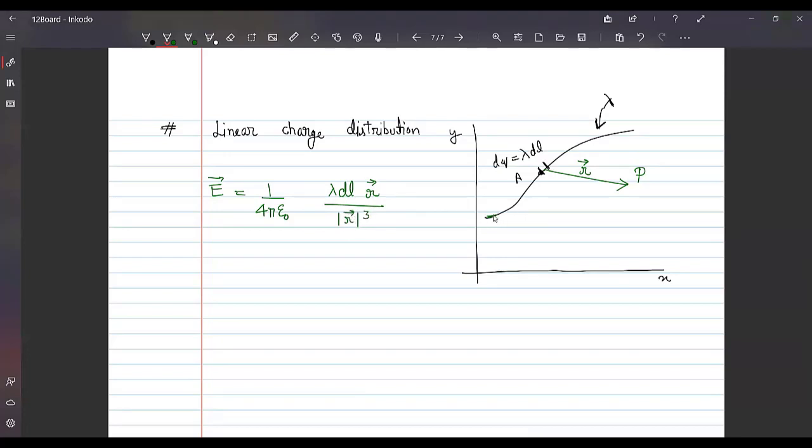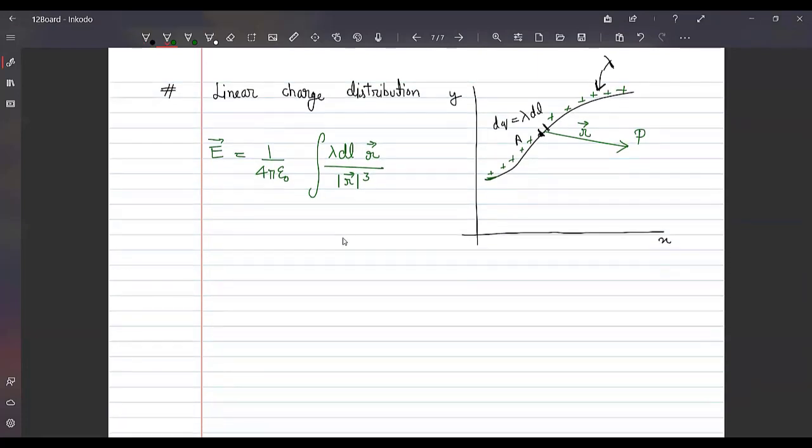But the charge is distributed over the whole length, so you would need to integrate. This whole integration will result in the final answer: the integral of lambda dl upon mod of r cube times the r vector.